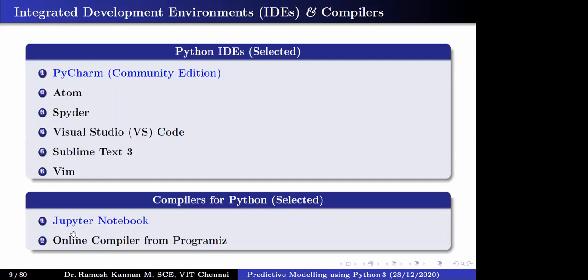In all those things, Jupyter Notebooks play a very key role. If you rely on online editors, there's an online compiler called ProgramBiz. I have hyperlinked it here, so you can click it to navigate to ProgramBiz, and start typing your Python code in that online editor.